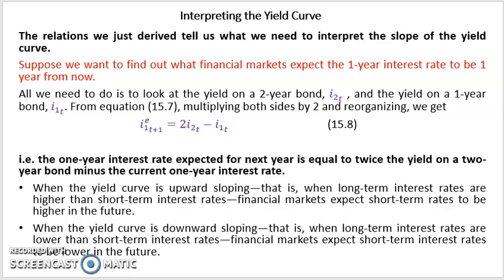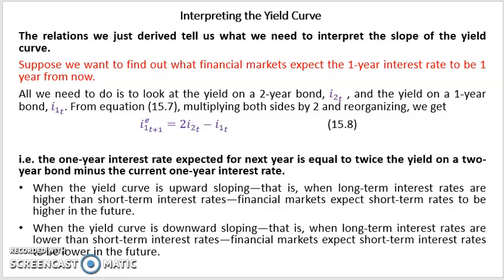To do so, let's examine how yields can be interpreted using the information we just covered. By looking at the yields for bonds of different maturities, we can infer what financial markets expect short-term interest rates will be in the future.